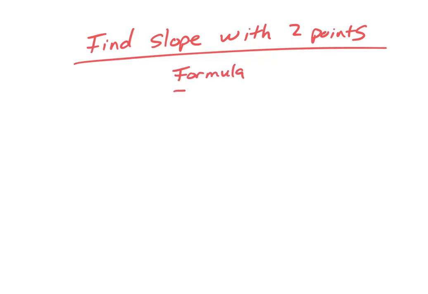So here's another formula for us: y2 minus y1 over x2 minus x1. Okay, the other day we did the midpoint and the distance, and it had x1, y1, x2, y2, so it's going to be a similar scenario here.